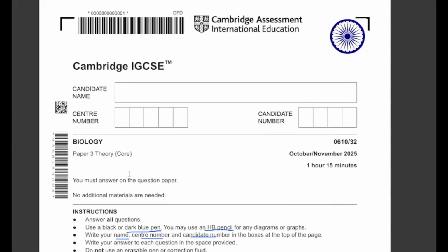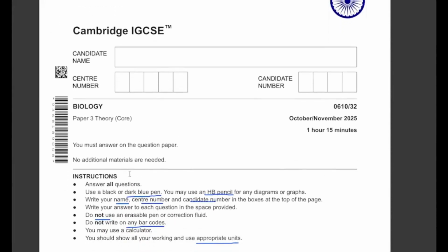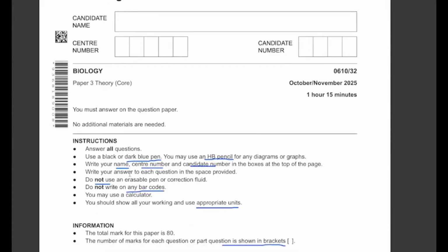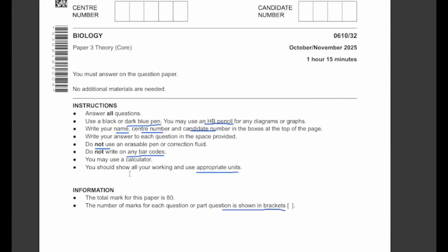Before we start the past paper, I'll read out the instructions, because you should also read them before the exam. They will give you 10 or 15 minutes before, so you have to go through the instructions. You need to answer all the questions. If you are writing from South Asia, please remember to write only with a dark blue ballpoint pen. For diagrams and graphs, use graph paper and an HB pencil. Write your name, center number, candidate number, and write the answers only in the space provided.